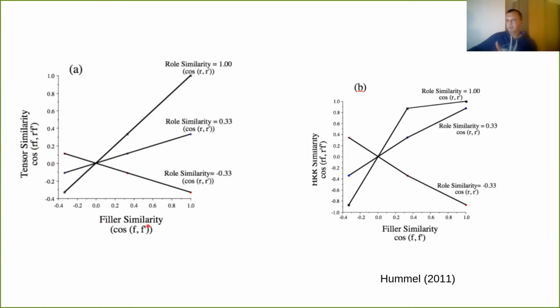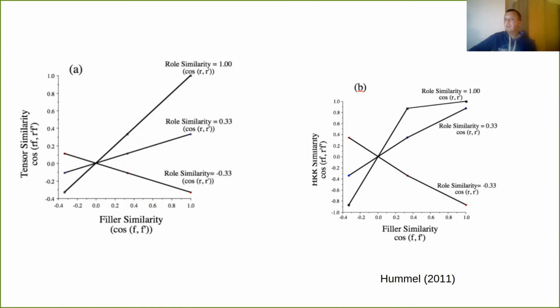What John Hummel has done is compute the cosine similarity of the representations of two relations. What has been varied is the degree to which the fillers in the two relations are similar and the degree to which the roles are similar. You can think of it like superficial versus structural similarity.